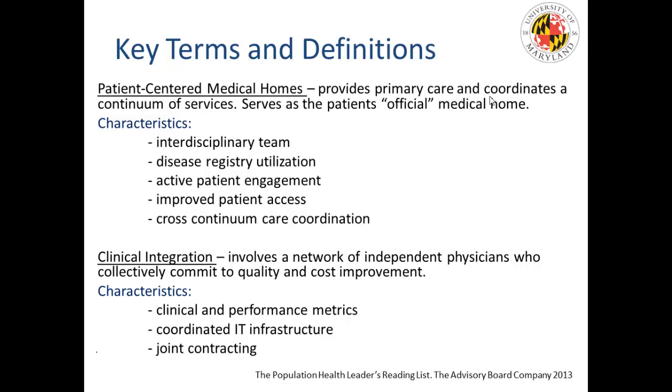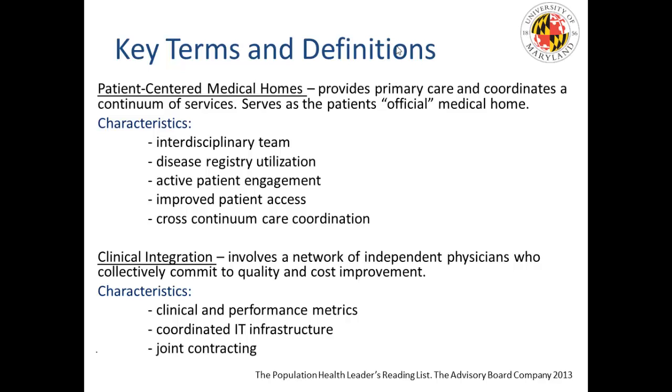The goal is to have a registry and look at those 150 individuals over time to demonstrate that there's an improvement in health status. So your work is guided by looking at reports and how patients' health has actually changed from when they first joined your medical home, 6 months later, a year later, 5 years later, so that you can tell a story. And you can also use it as opportunities for improving your performance.